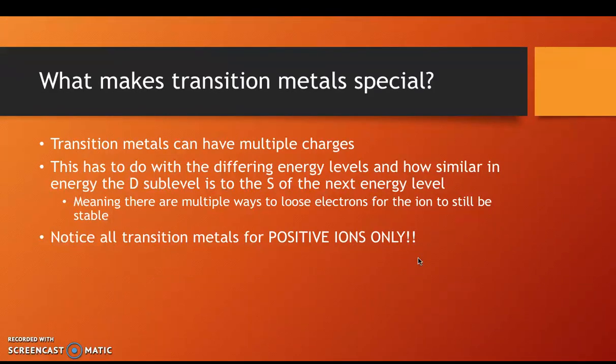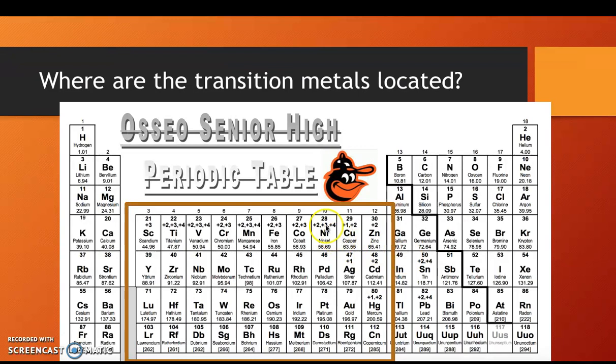So if we think back to why atoms become ions, it is to try to make them more stable by either losing or gaining electrons. Notice also that all of our transition metals are positive ions. So we can see these different charges under here.